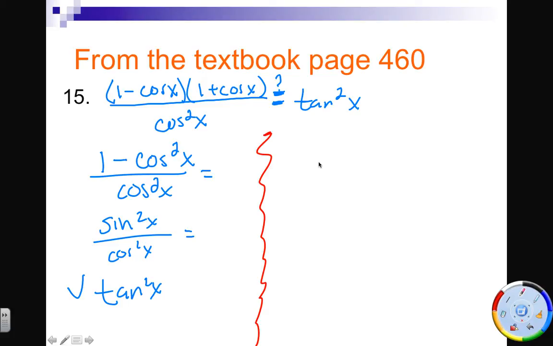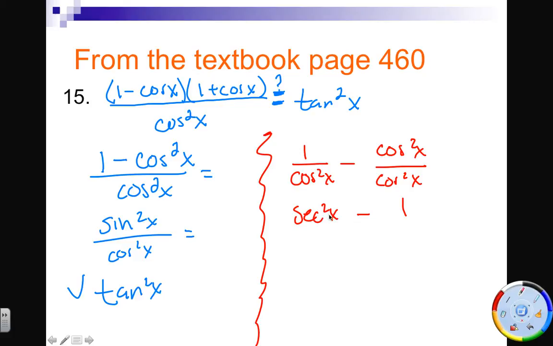If I was to split this into two different fractions, 1 over cosine squared x minus cosine squared x over, oops, not sine squared, cosine squared, which is a legal step because I broke up the difference of a fraction. 1 over cosine squared is secant squared, minus 1, and secant squared minus 1 is tangent squared x by my Pythagorean identity. So there are two different ways to solve this problem, but it all started with multiplying those two things together.